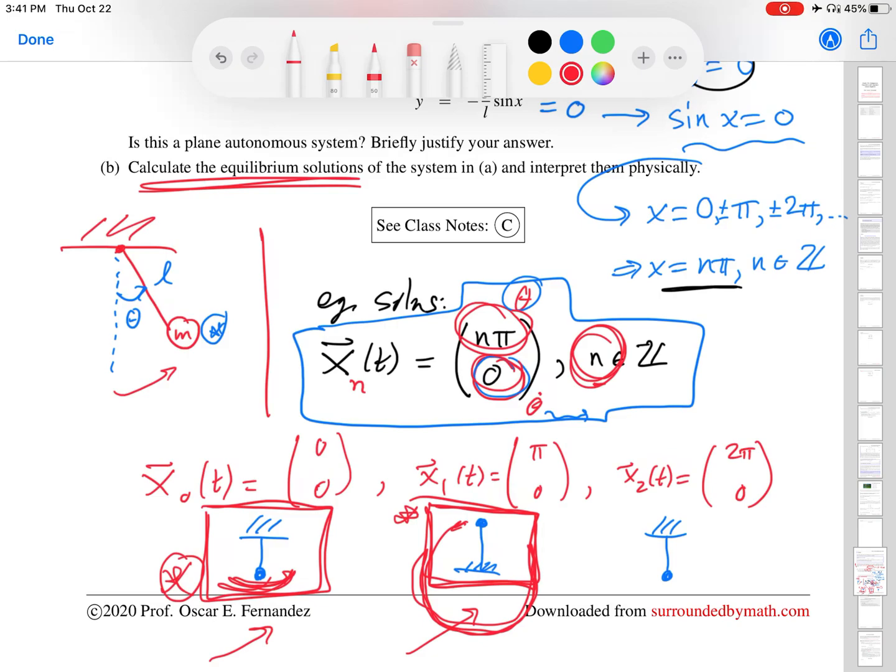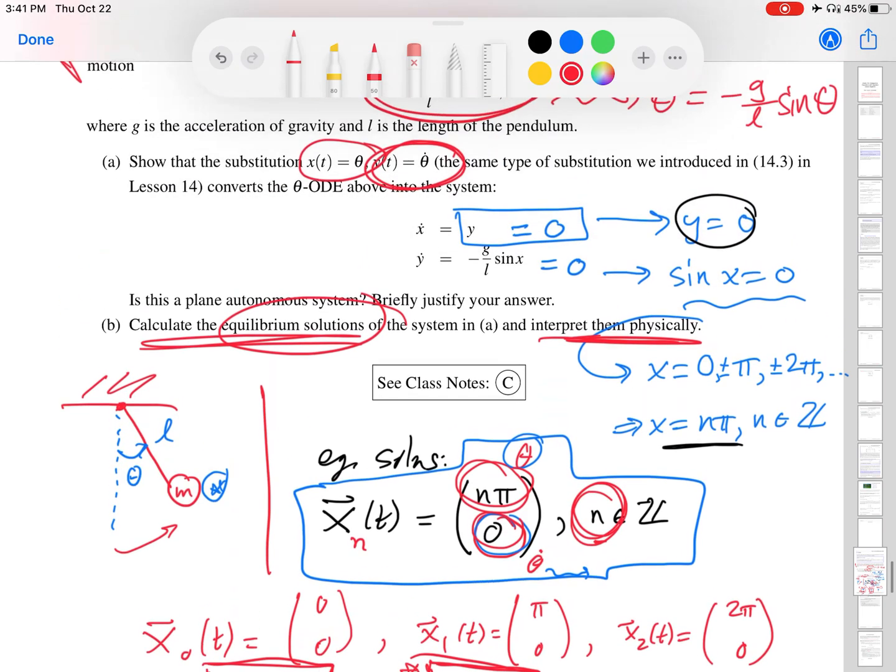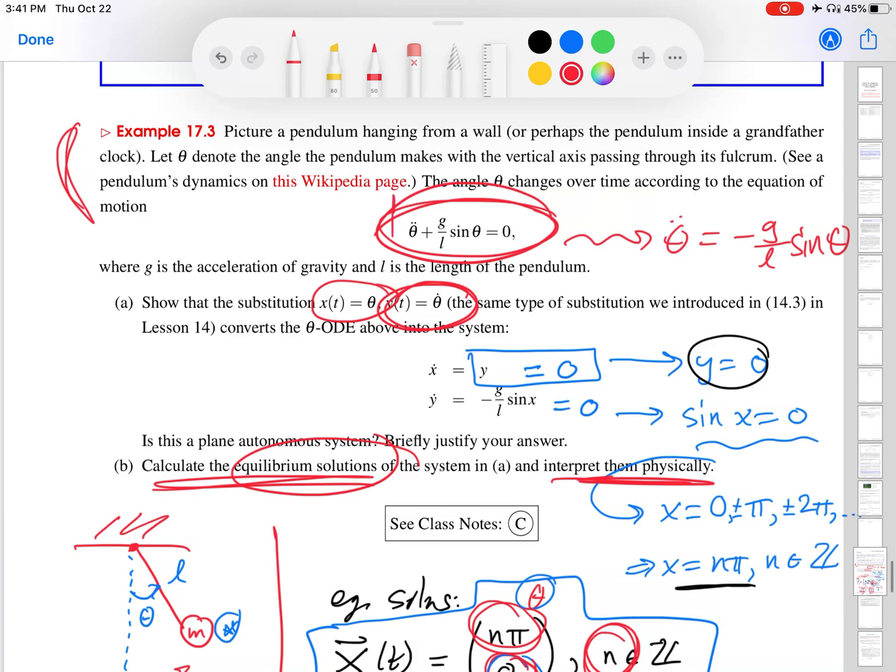Anyway, that is a concept that I just wanted to point out to make some connections with physical dynamics that you might have already played with, like balancing a pencil on your palm. But we've done what this example asked us. We've interpreted the equilibrium solutions physically. We've certainly calculated them. And all of this came from a second order ODE that we converted to a system of two first order ODEs.